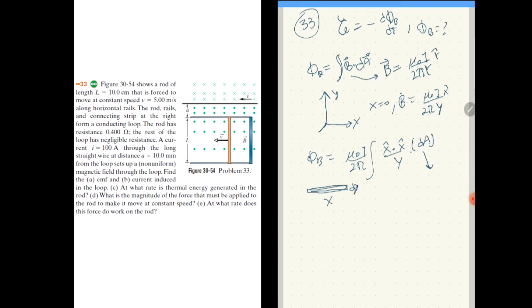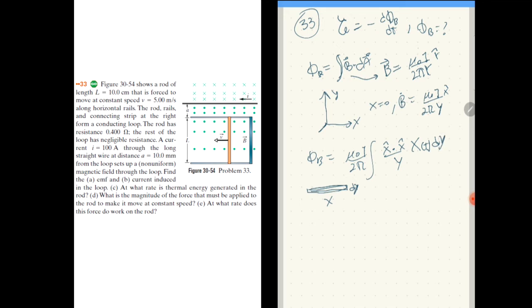So the element of area is the product of these two things: x(t), because the position of the bar depends on the time, and the dy in here.